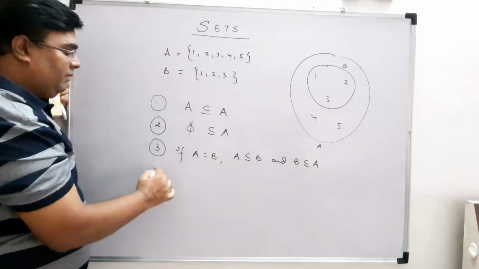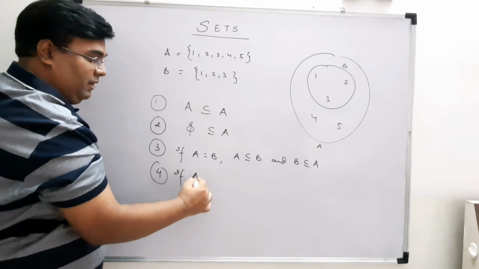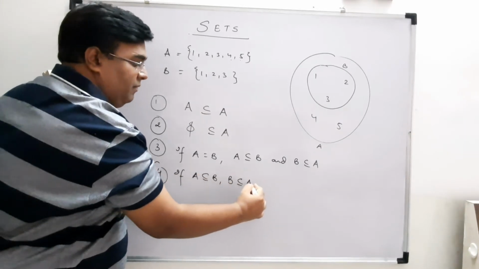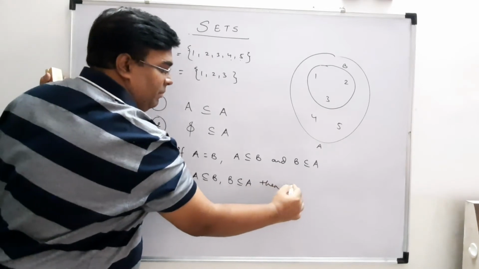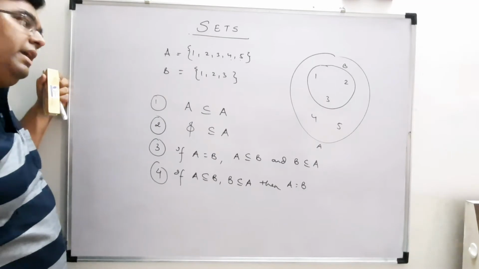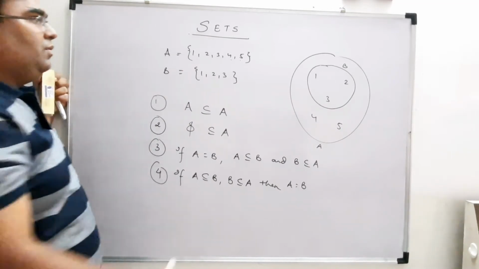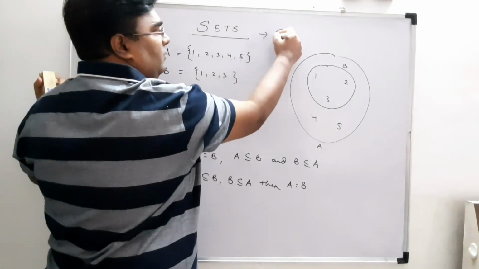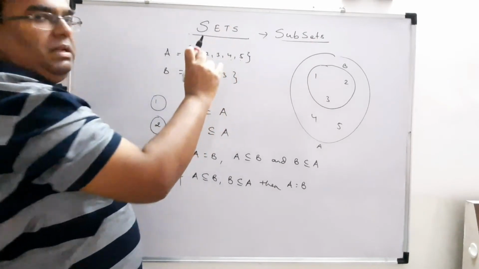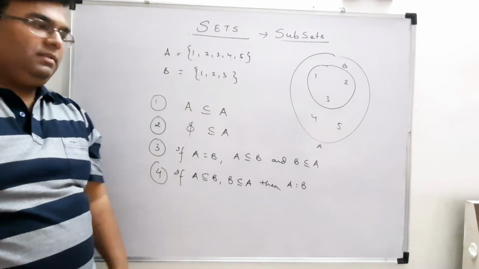Fourth is just the reverse of this: if A is a subset of B and B is a subset of A, then it means both sets are equal. So these are the properties of subsets. What are we dealing with? Subsets. Sub means a smaller part of a set.